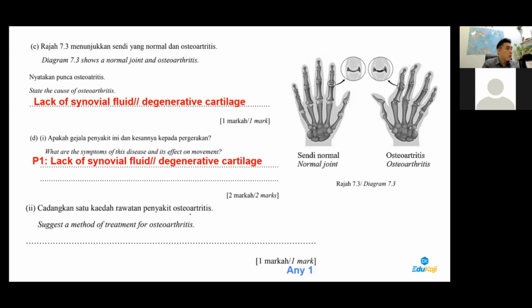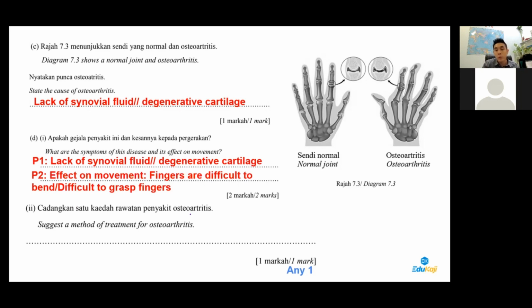All right. So what are the symptoms and its effect on the movement? So hard to move, guys, hard to move. Hard for the finger to move. Okay, this one draw one star. There are many answers. You can either go for physiotherapy. Okay, physiotherapy.